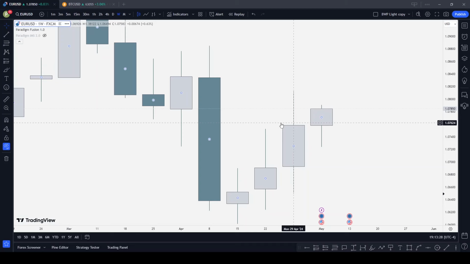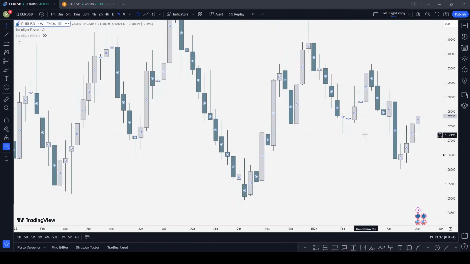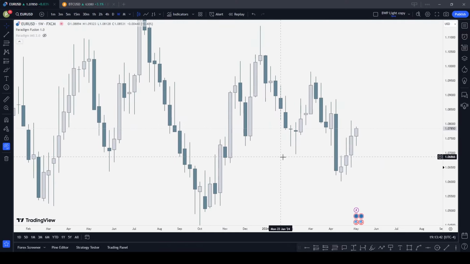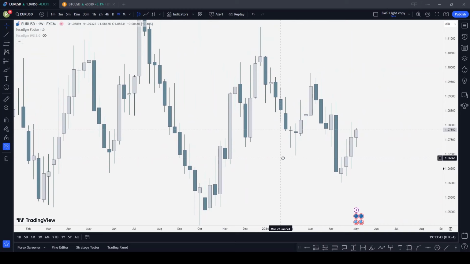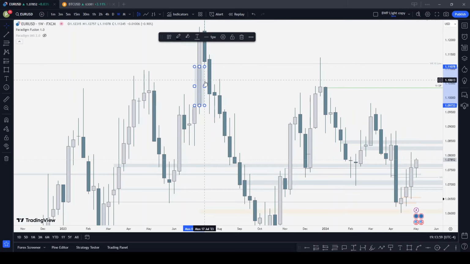Note that down. Okay, so let's say, for example, you have a bullish fair value gap. Let me see if I can find a quick example to explain this. Okay, so this is one here. This is a fair value gap, right?